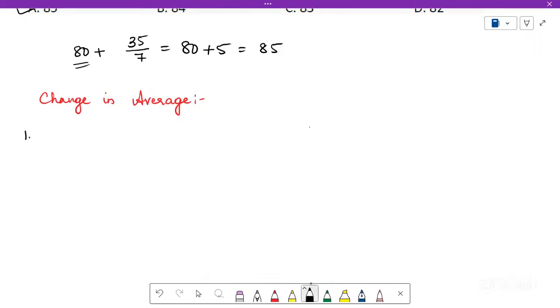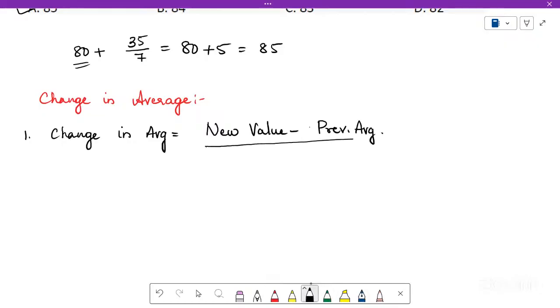So here, we will find the change in average. There are two situations. Change in average is equal to the new value that we are adding, minus the previous average, divided by number of values.